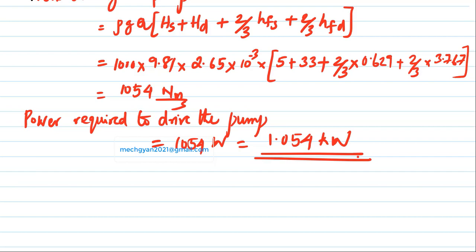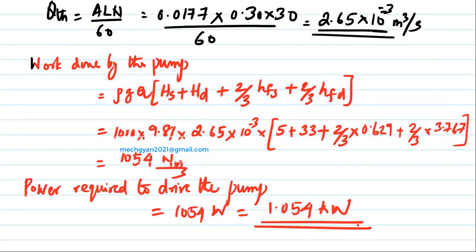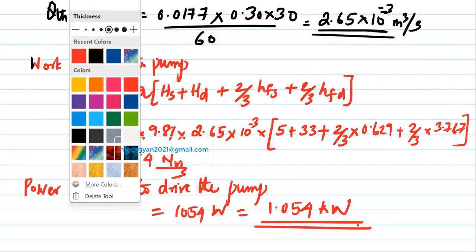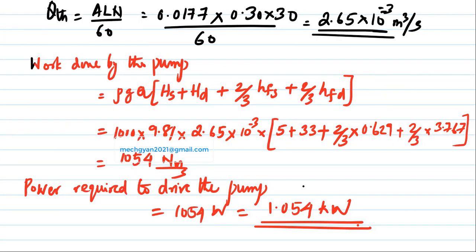So that is the final answer. So I think there is a small calculation mistake, so it should be 1064 instead of 1054. Just cross check it. So 1064 watts or 1.064 kilowatt, rest all are the same.